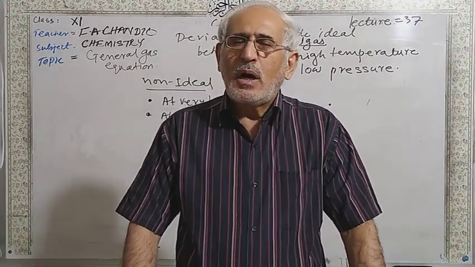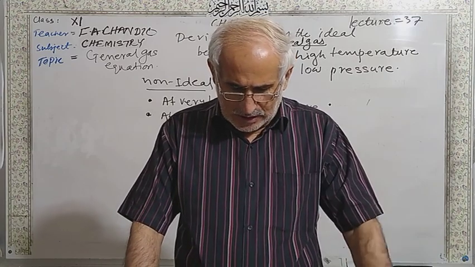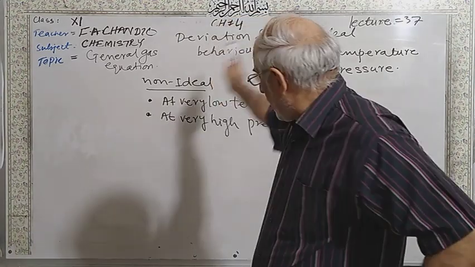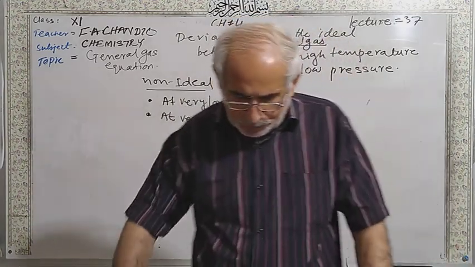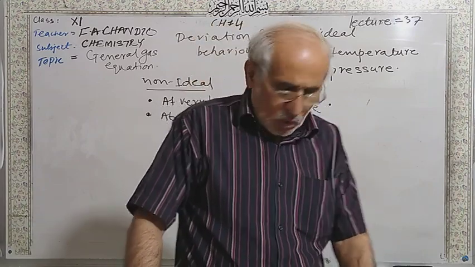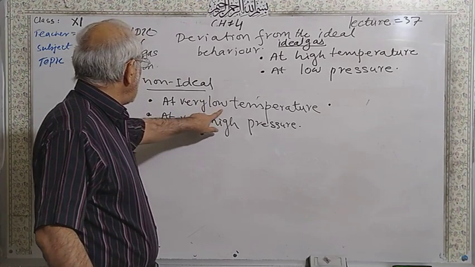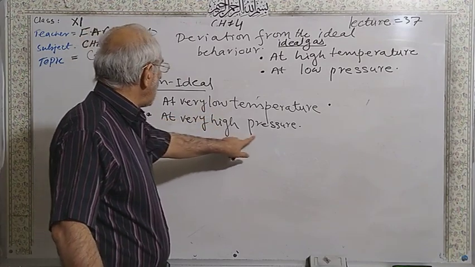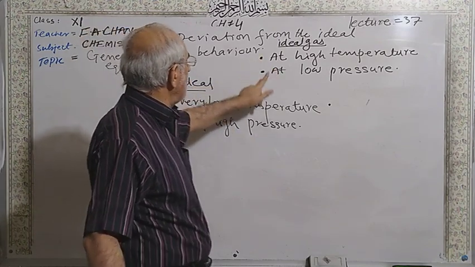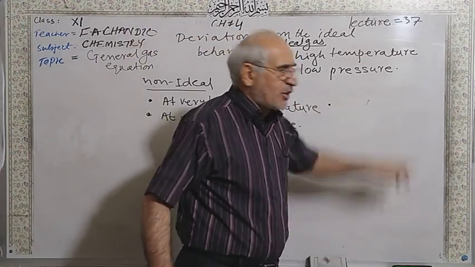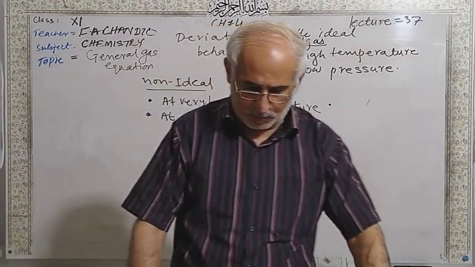And I told you some reasons why real gases deviate from the gas laws: at very low temperature and very high pressure, the inverse of this. At very low pressure, gas molecules are away from each other.